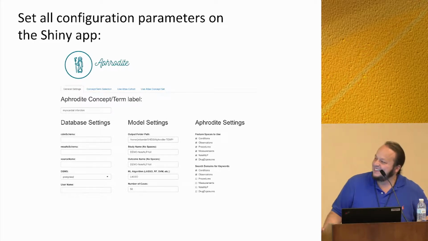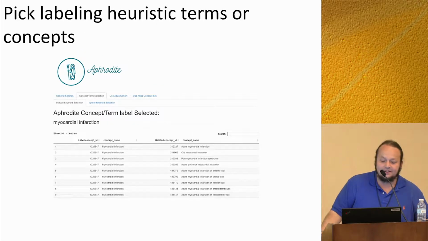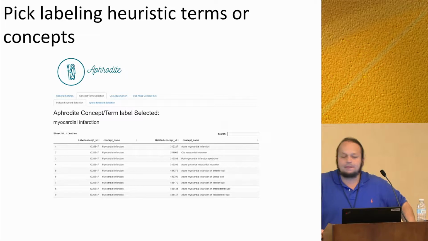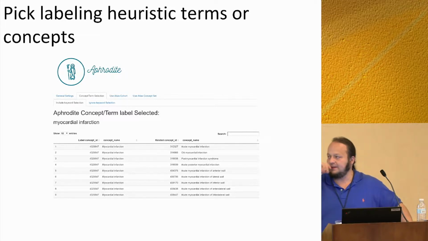So you pick all your features, nice. Then you go over there and refine your labeling heuristic. Here you get all the related concepts to myocardial infarction.